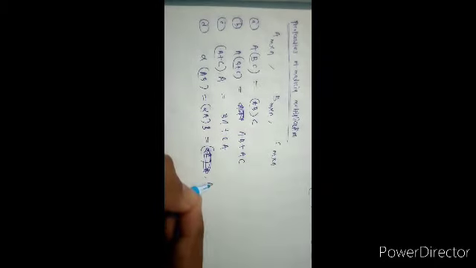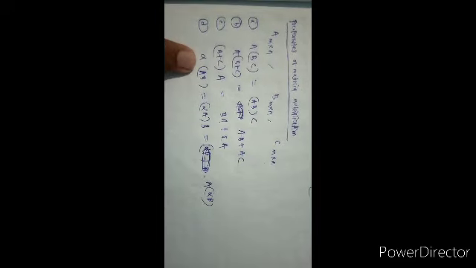Then alpha multiplied with AB is equal to alpha A multiplied with B, which is equal to A multiplied with alpha B. Okay.